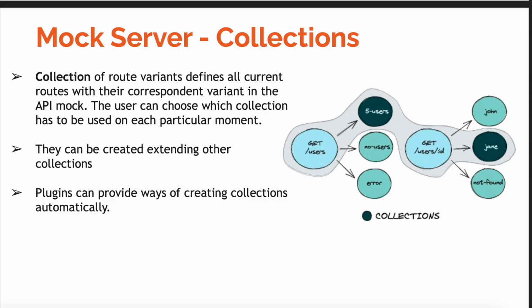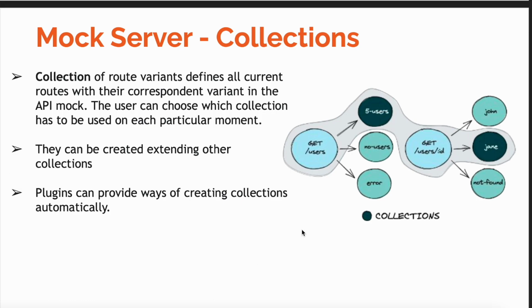Since you are defining multiple variations of the same route, it is up to the developer to choose which variation the mock server has to respond with to test the client-side app development. So you will package all the routes and variations together to form a collection, or you can extend a collection to form a new collection.